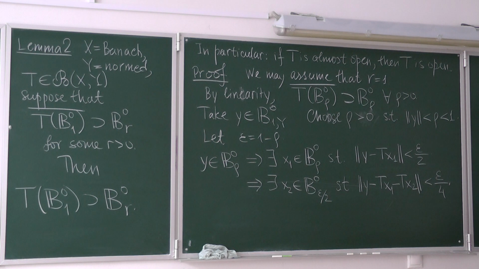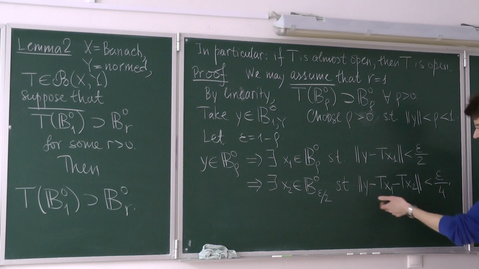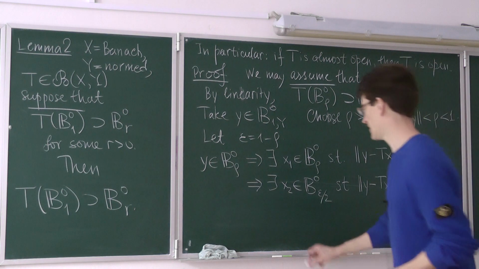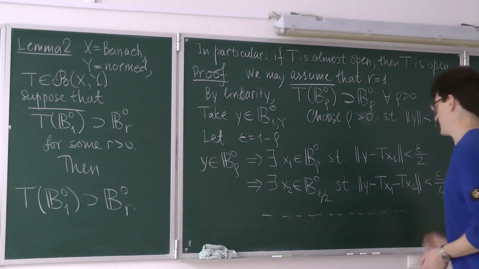And then we repeat this procedure. Now we take this vector, it sits in the open ball of radius epsilon over 4, and we can approximate this vector by the image of a certain vector x3, which sits in the open ball of the same radius. And we continue this procedure.